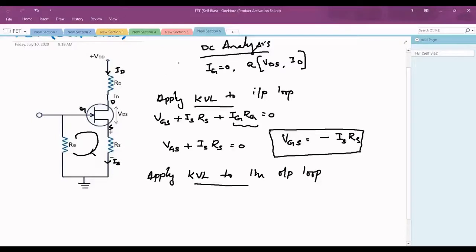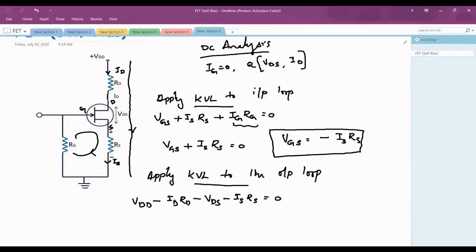Apply Kirchhoff's voltage law to the output loop. Our output loop goes from VDD to RD to VDS to RS. So this is our output loop. VDD minus IDRD minus VDS minus ISRS equal to 0.